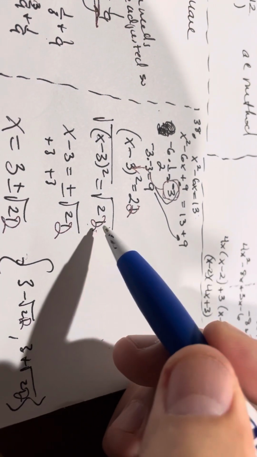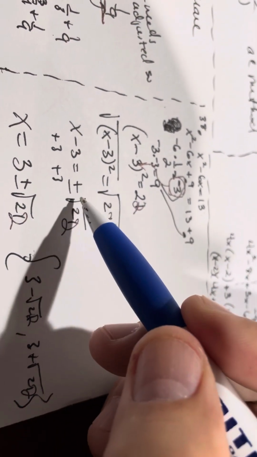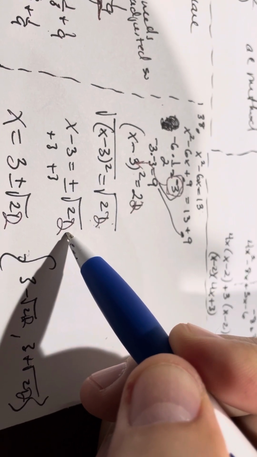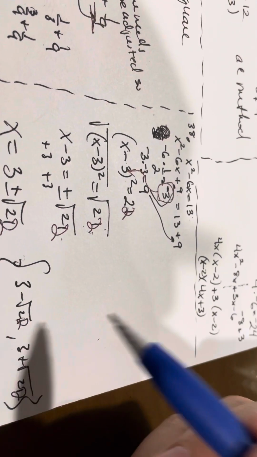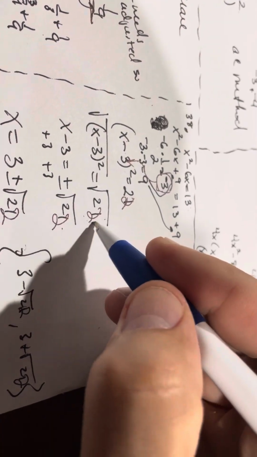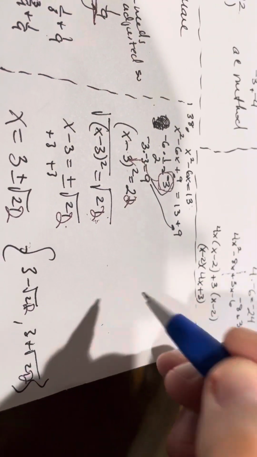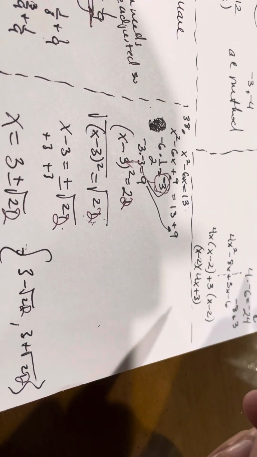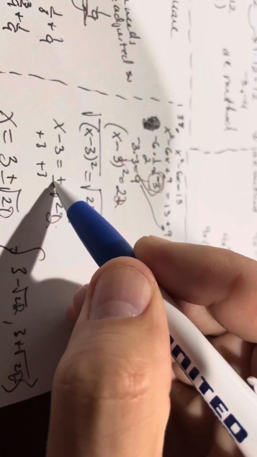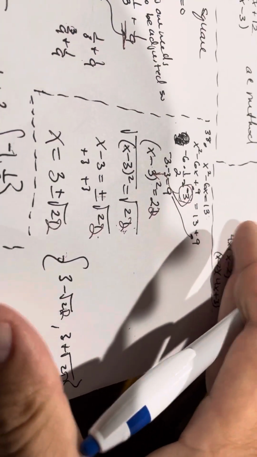That's just my typo. I take the square root. Well, 22 doesn't have a nice square root. It's an 11 and a 2, so they're both prime numbers. Nothing's going to pop out of there that multiplies to 22. If I was looking for any values that repeat themselves, there aren't any. So I'm just stuck with the square root of 22, and I have plus or minus there.